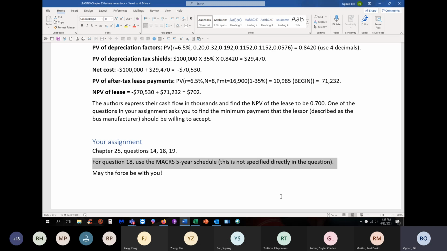So the analysis from the perspective of the lessee, the school, is not particularly interesting, but the analysis from the perspective of the lessor, and the authors ask you to do that, is much more interesting. And the lessor will depreciate the computer following the MACRS 5-year schedule.